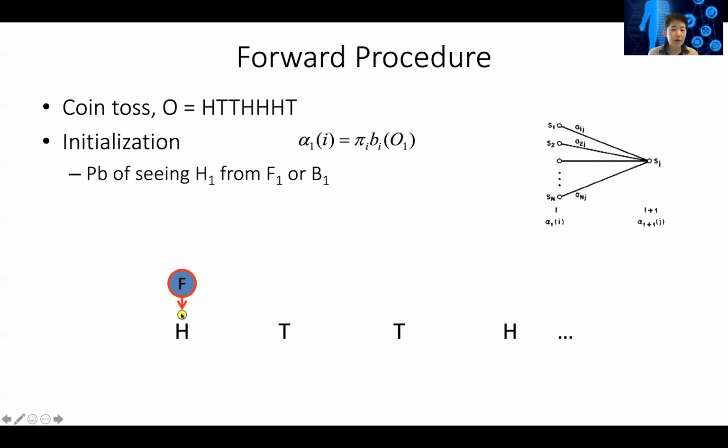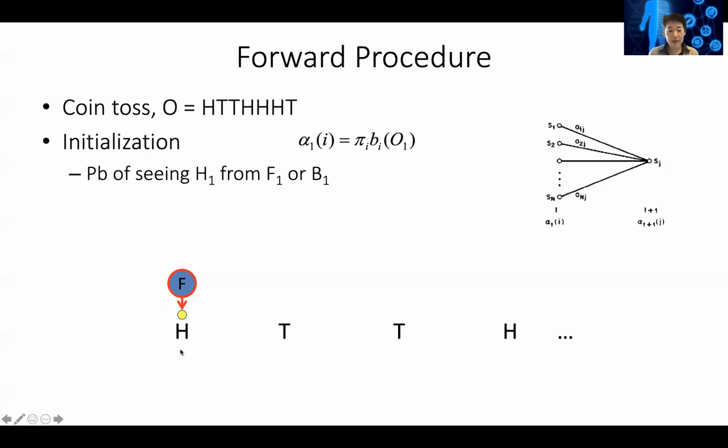Let's use this red circle here to indicate the probability of using a fair coin in order to get this head. This is calculated as we have to pick a fair coin in the first place, which is the initial probability of picking a fair coin, and then from that fair coin, we have to emit a head from the fair coin emission probability.